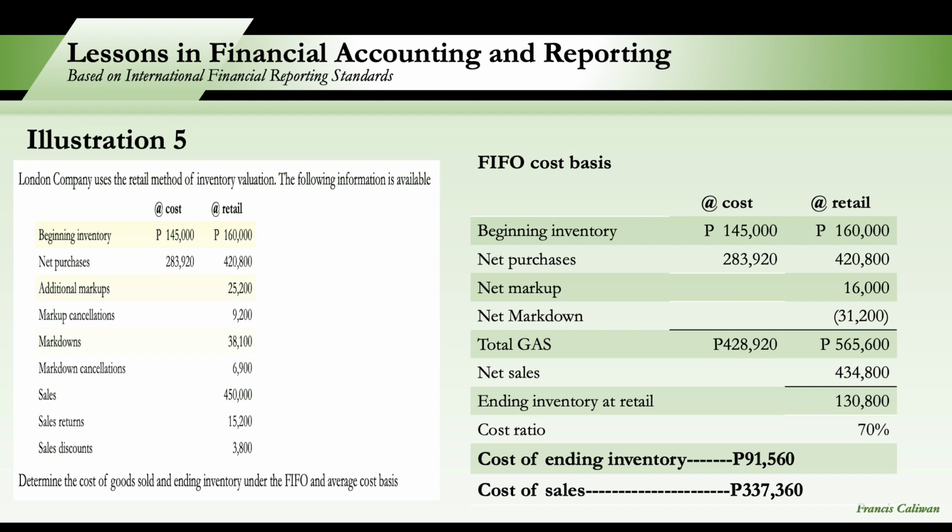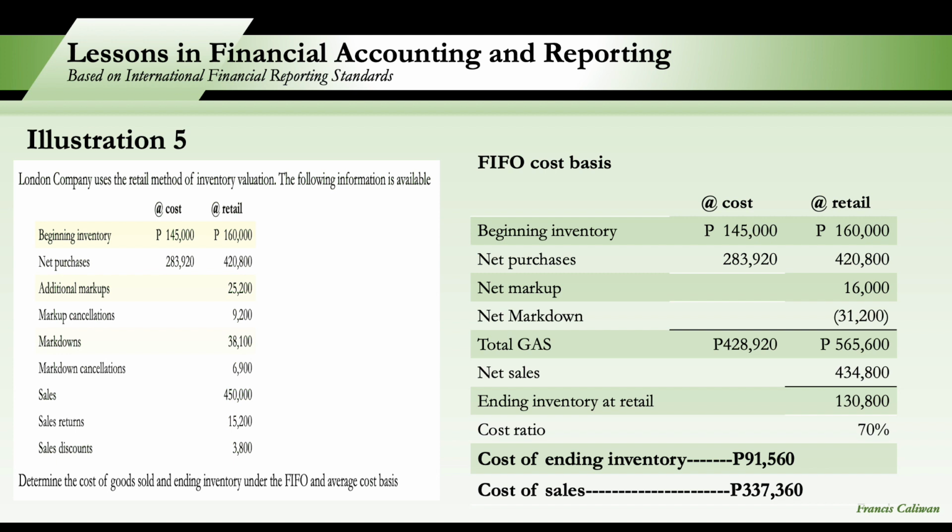But then again, if contra purchases accounts are given in the problem, only the purchase returns are deducted at cost and at retail. Purchase discounts and allowances and freight in are considered only at purchases at cost. So net purchases at cost 283,920 and net purchases at retail is 420,800.